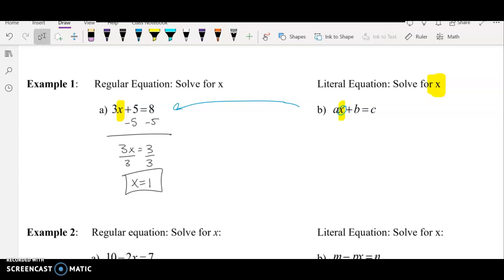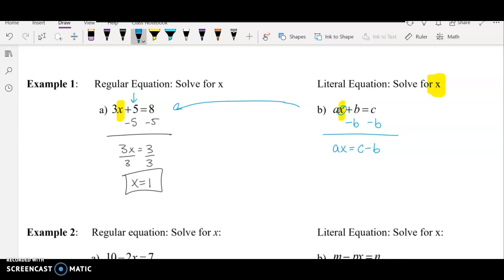We moved the adding and subtracting over first. So we're going to move this b over by doing the inverse operation and subtracting it over. The tricky part here is that now we get ax equals, and now we have to write out c minus b. Because we don't know what c and b are, we don't get an actual number there. We just write them both down.